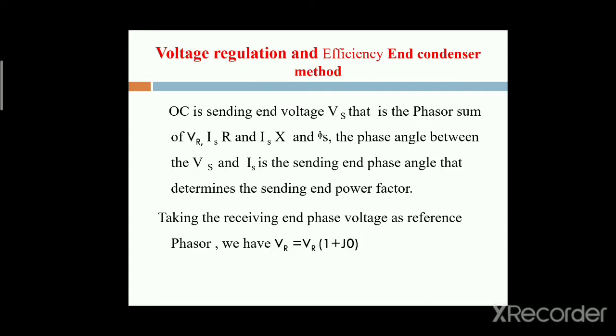Taking the receiving end phase voltage as the reference phasor.